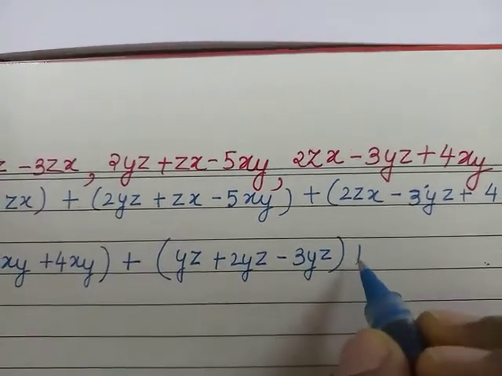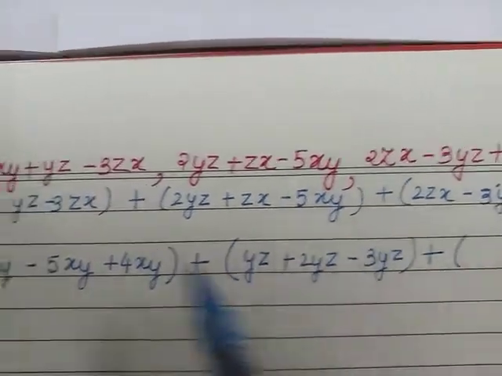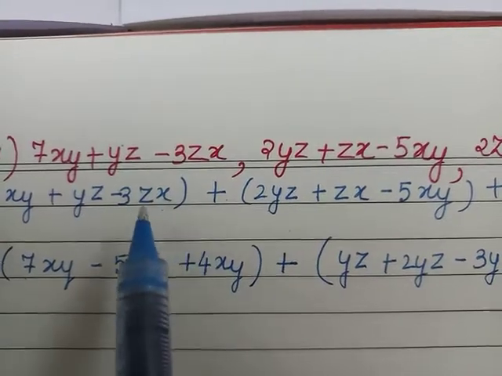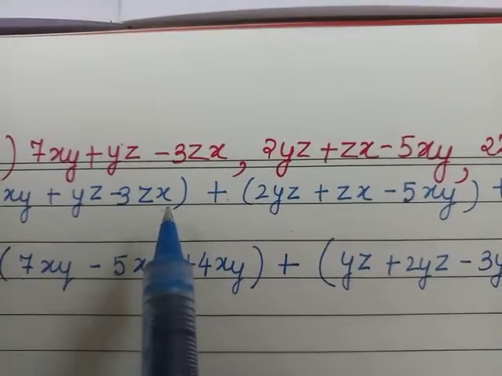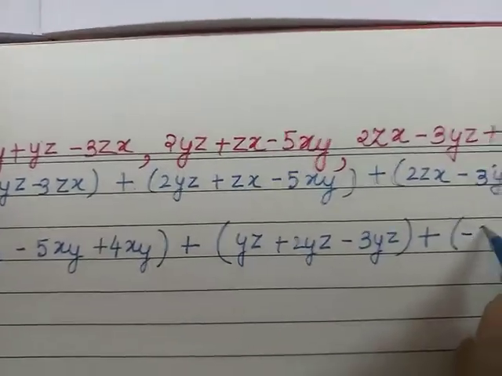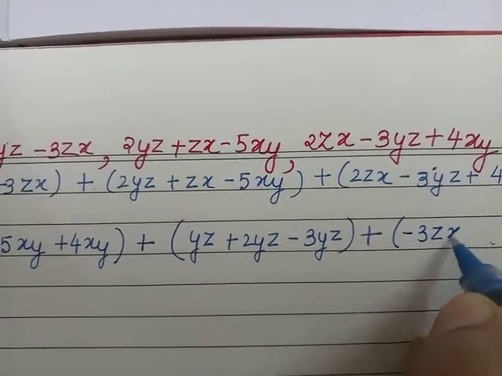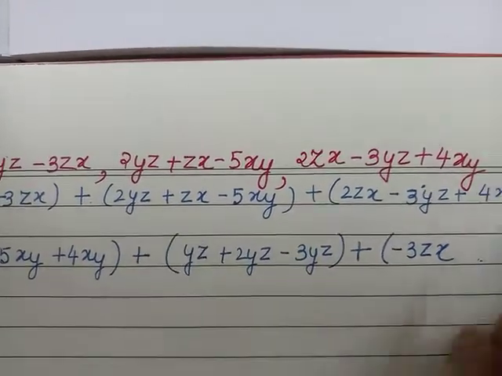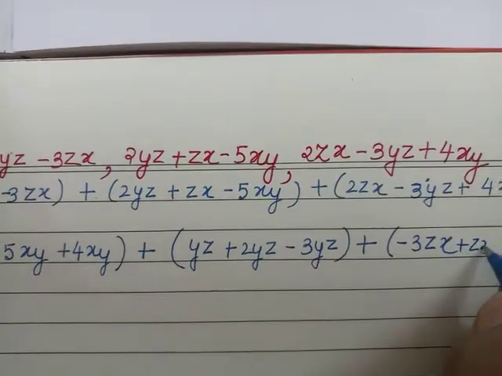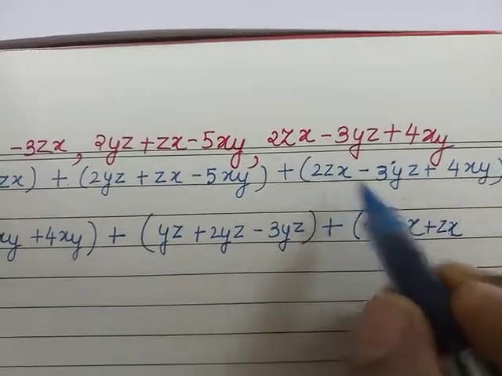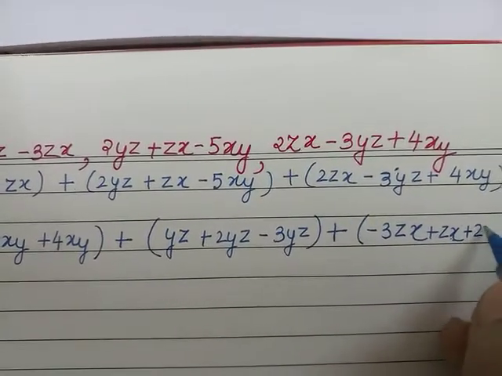Now again we put an addition sign and then we write the remaining, the last like term, that is minus 3zx. In the second one we have plus zx, and in the last one we have plus 2zx.